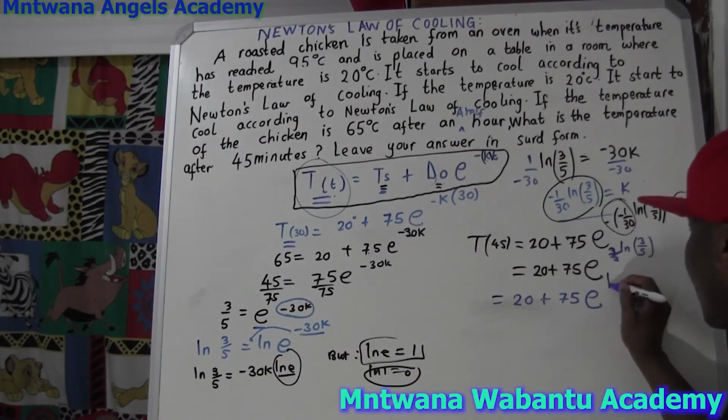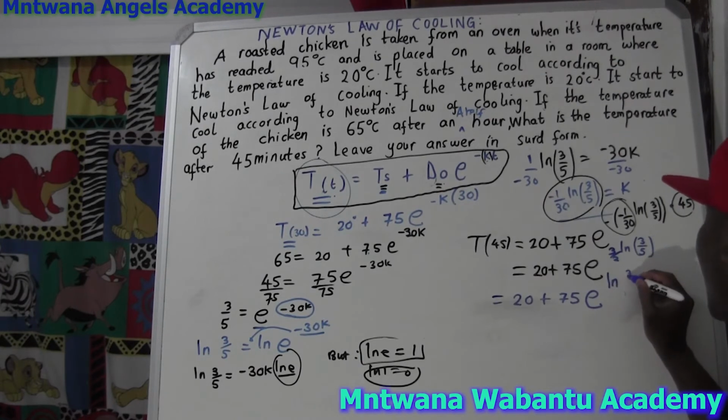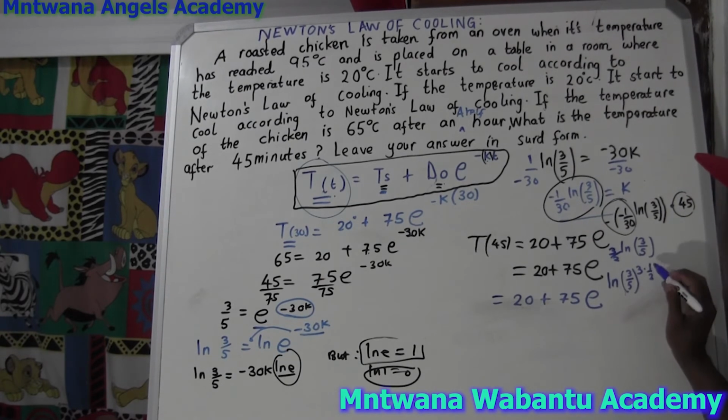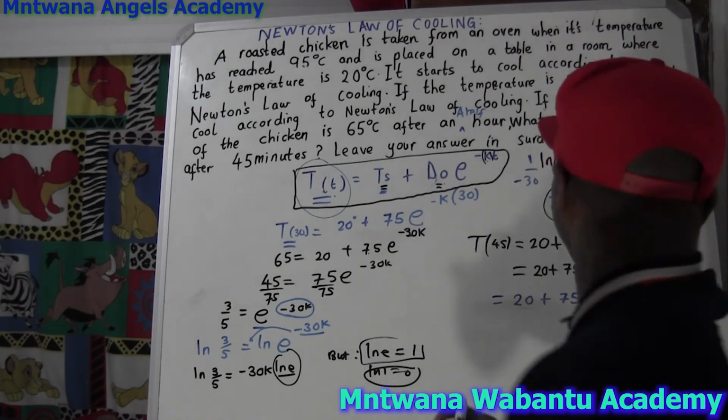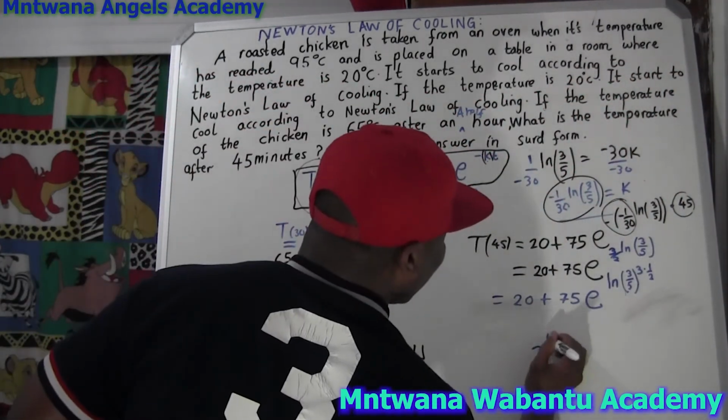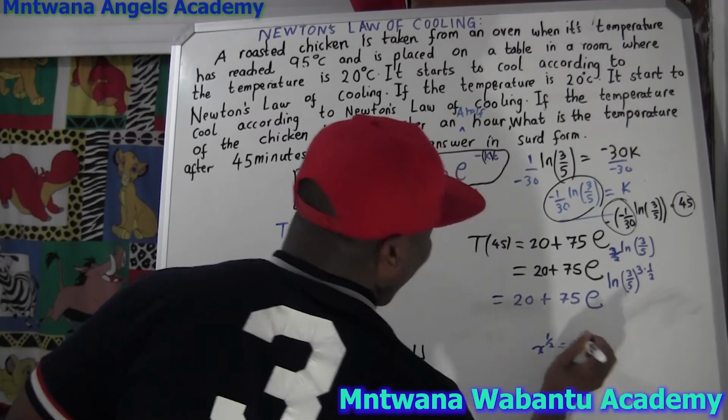So this time I say ln, here we have a 3 over 5, and then 3 over 2 here. So 3 over 2 is like 3 times 1 over a half. Because I want to do something here: anything to the power half is equal to the square root. Like if someone says x to the power half, it's the square root of x.